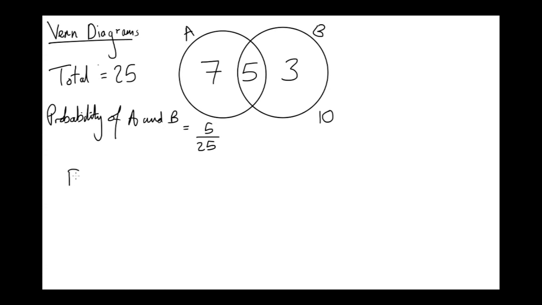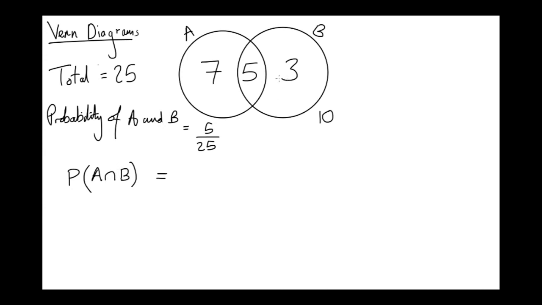What is P(A ∩ B)? Now this is a weird thing to write. It looks like a little n. It's actually not an n. It's called an intersection. What this means is, what's the probability of A and B being at the same time?